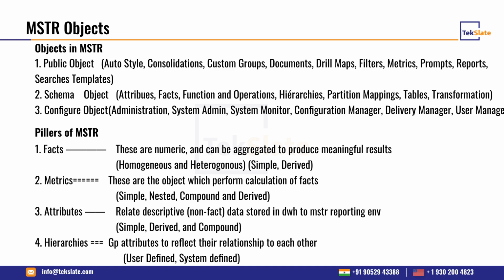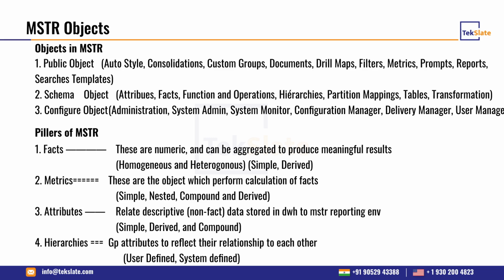Metrics are the objects which perform the calculations on the facts. So facts and metrics are both numerical in nature. But if a phone number is there, we cannot apply any aggregate functionality on it. That's why it cannot be a metric, but it is a fact. Salary is a metric, and age is a metric.